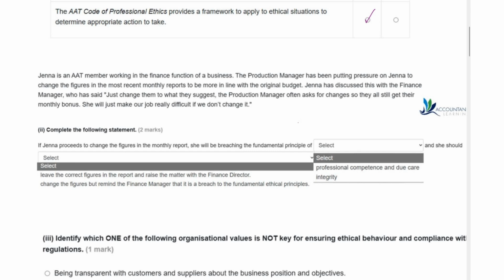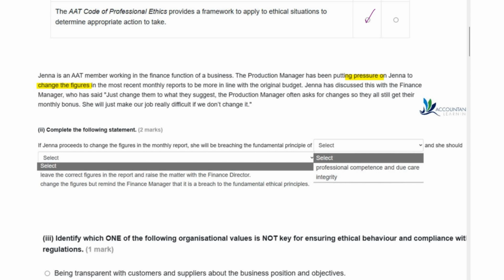If Jenna proceeds to change the figures in the monthly report, she will be breaching the fundamental principle of... So if we look at the question, we know that Jenna is under pressure and she has been asked to change the figures, and this is to help the production manager and the team to get the monthly bonus.